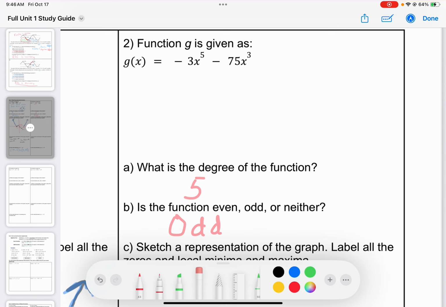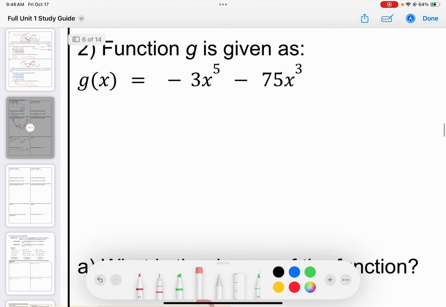Well, if I'm going to find the zeros, I need to convert to factored form. So I need to factor out the greatest common factor. And this is going to be an interesting question. I'm going to factor out negative 3x to the third, because there's an x to the third in here, there's an x to the third in here.